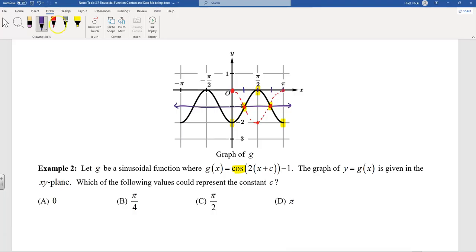So the answer choices have us moving to the left. To get to the actual maximum point on the graph, I would need to go this distance to the left. We're going from 0 over to pi over 2, so that's a distance of pi over 2. And I would choose that one.